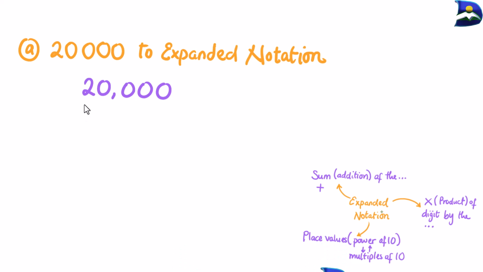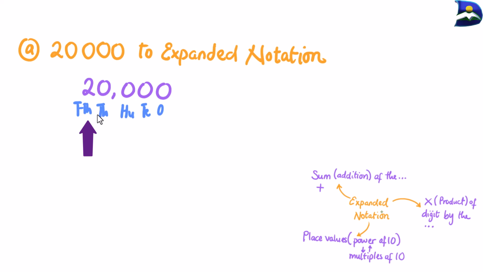And therefore, since 2 has the highest place value, going from right to left, we know that our 0 is positioned as our ones, our next 0 is tens, and next is hundreds, this is the thousands, and this here is the 10,000s.